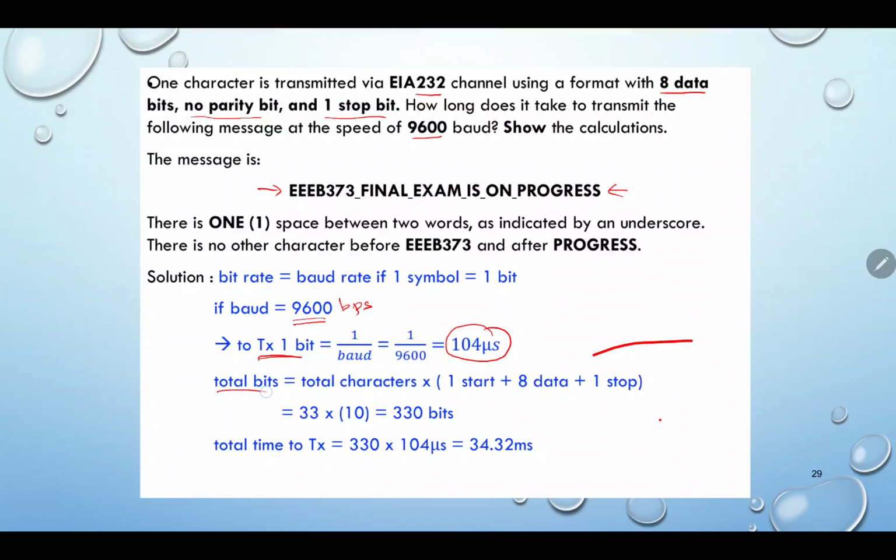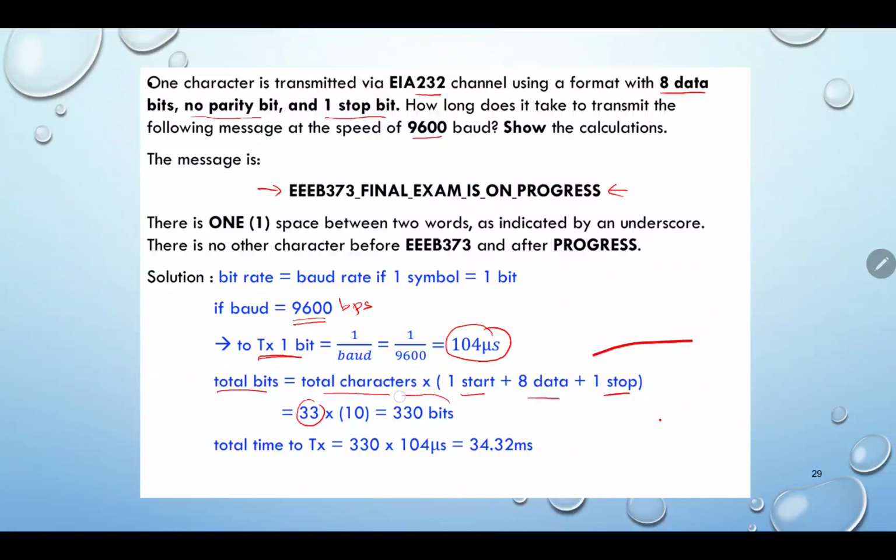So what is the total number of bits? It is of course total characters multiplied by bits. Always we have one start bit by default and 8 data bits, and the stop bits is not always the same, sometimes can be 1, sometimes can be 2. So in this case it's 8, 1. So how many characters are there in total? There are a total of 33 characters. So each character has 8 plus 1 plus 1, 10 bits.